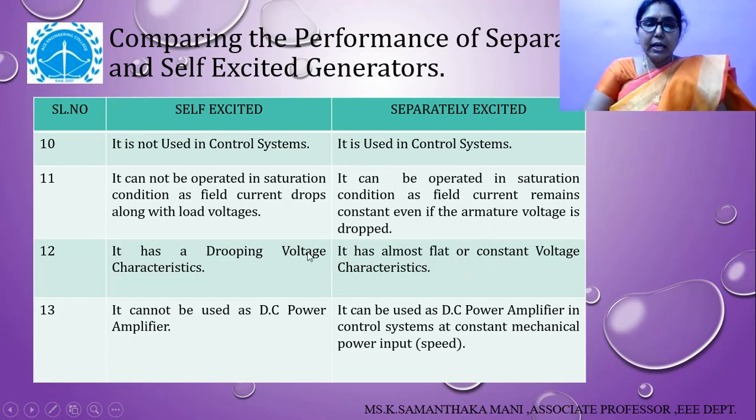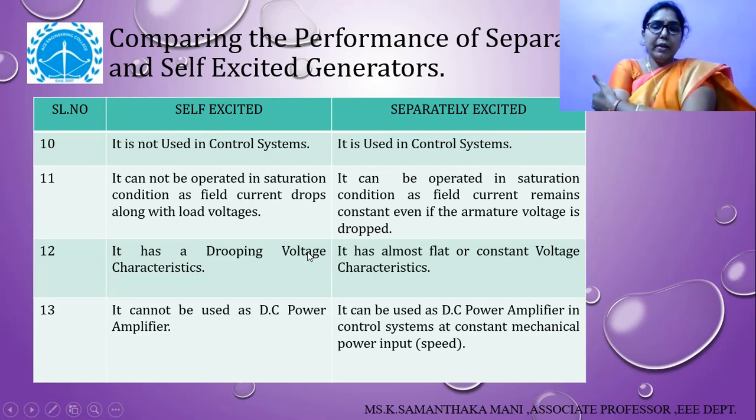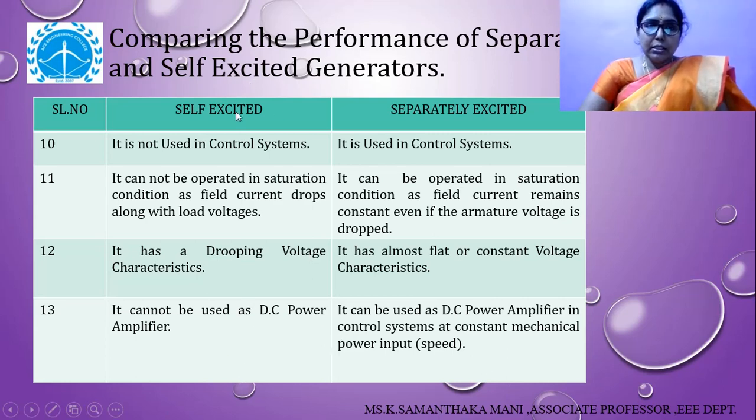So with this we can understand one point: depending upon your application and what type of characteristics you require, we choose the type of DC generator. And a separately excited generator can be used as a DC power amplifier in control systems at constant mechanical power input. So if you maintain constant mechanical input, nothing but the speed, then it can be used as a DC power amplifier in control systems.